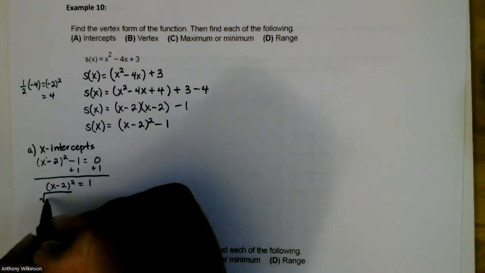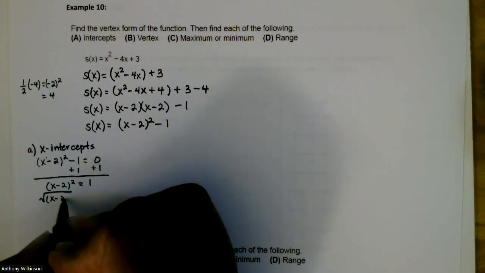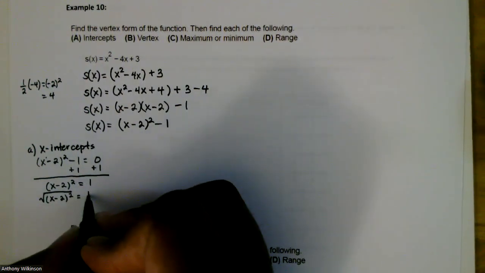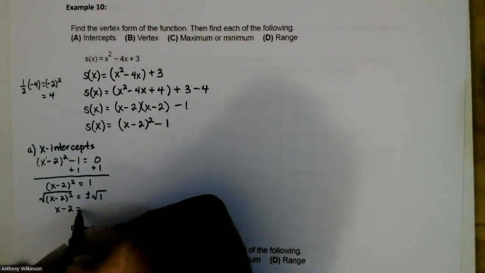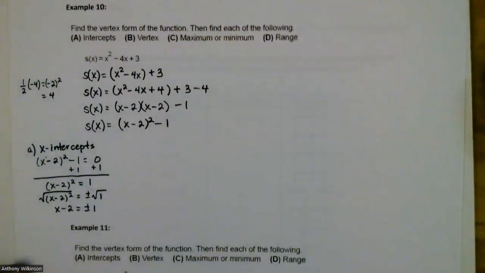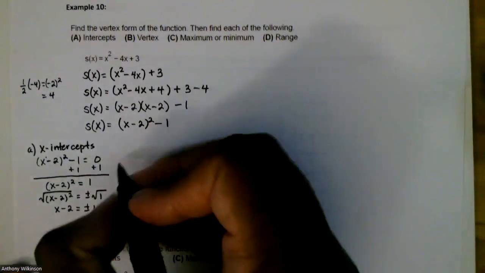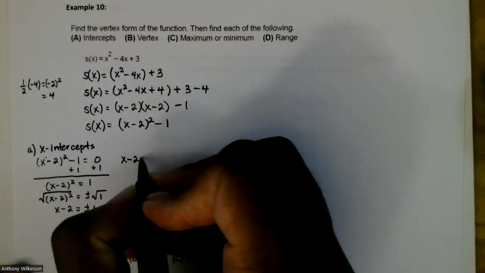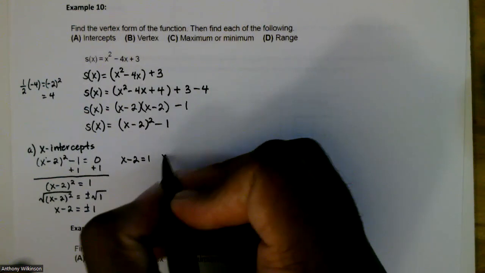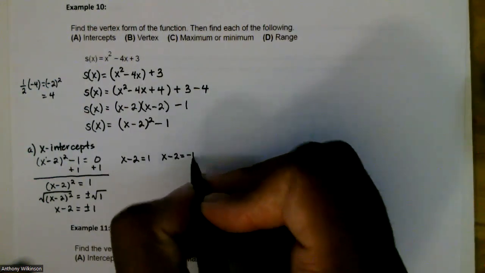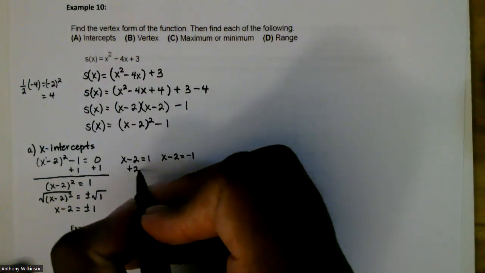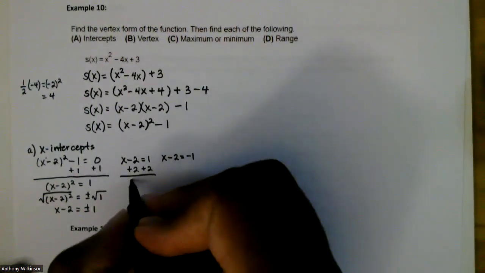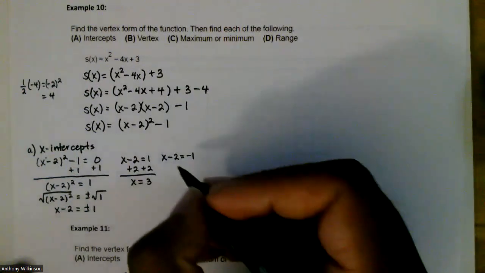And then if I take the square root on both sides and include that plus or minus symbol, I will have x minus 2 is equal to plus or minus 1. That will mean x minus 2 is equal to 1, or x minus 2 is equal to negative 1. So now for the x minus 2 is equal to 1, if I add 2, you'll get x is equal to 3.